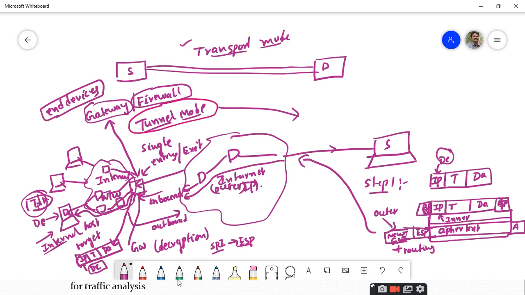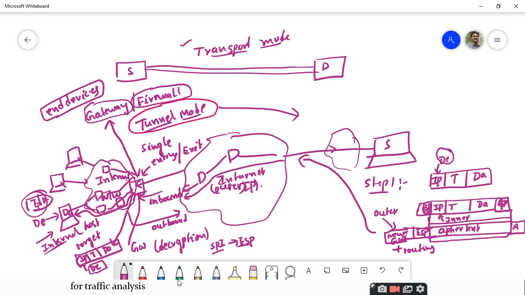You can have the internal network also like this, and this source is connected to a different destination that is present in the internal network of some other location, and they are connected with the internet.